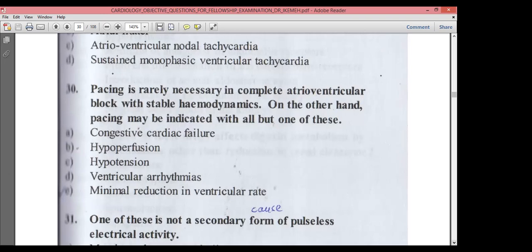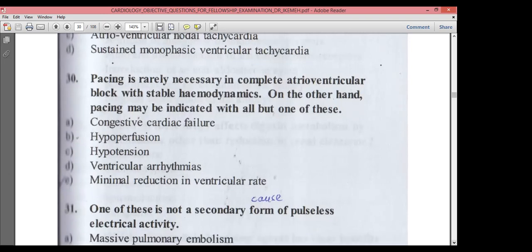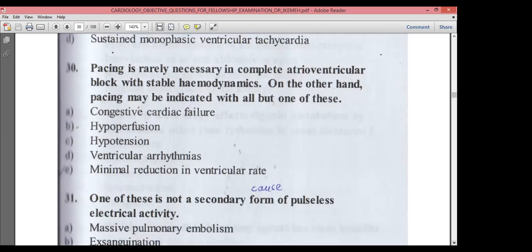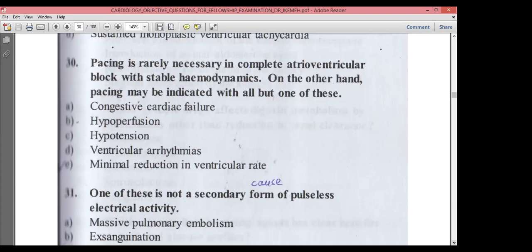You're welcome. 31. One of these is not a secondary form of pulseless electrical activity. So what is pulseless electrical activity? We know that it's one of the rhythms that we don't defibrillate, together with asystole, and it is also known as electrical mechanical dissociation.